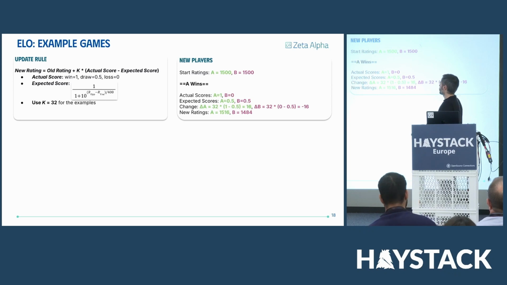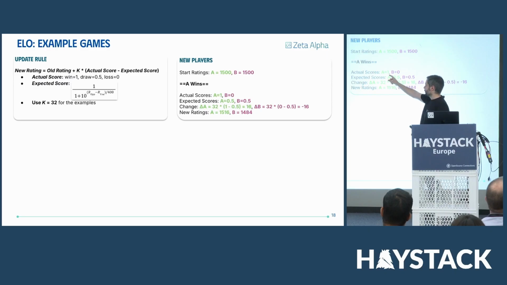So we have an example here where you have 2 players that have the same score, right? Let's say they are new players. And we have a situation that A wins. So what does that mean? So A won, therefore the actual score is 1 for A, and for B it is 0, right? From the first rule. Now, if you put these 2 scores into that formula there, you will get the expected score is 0.5 for both, right?